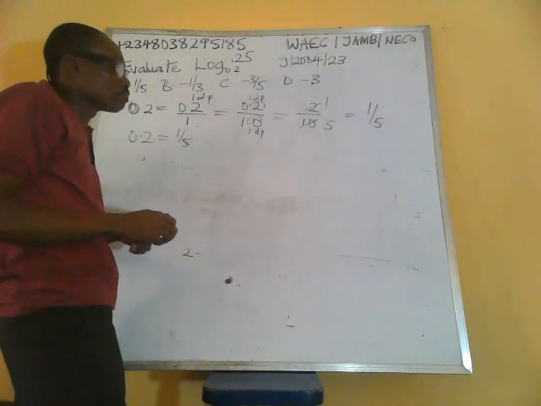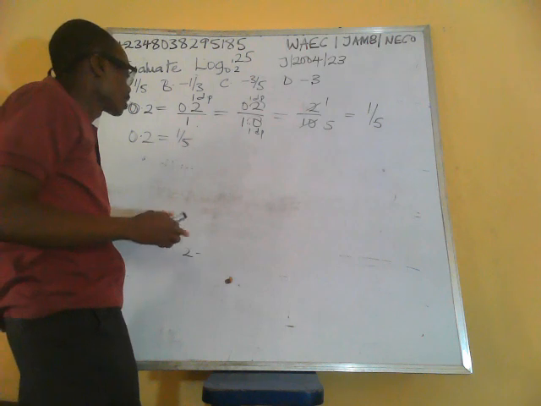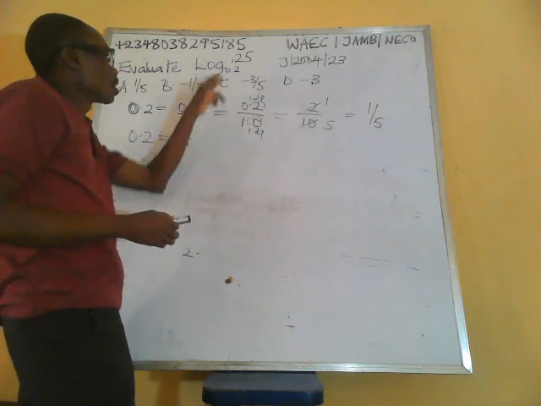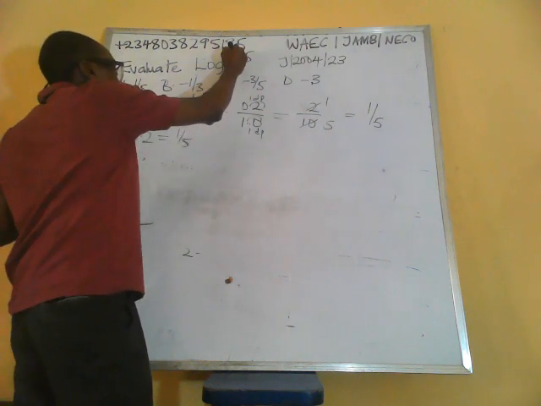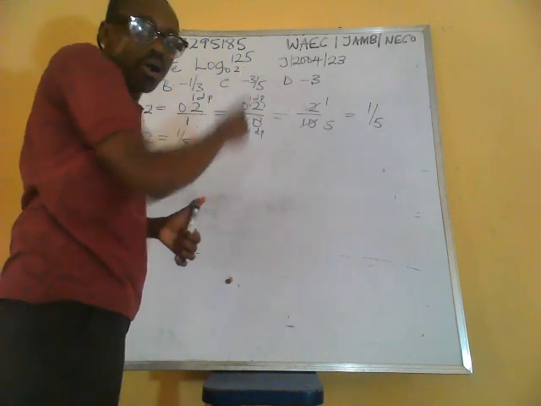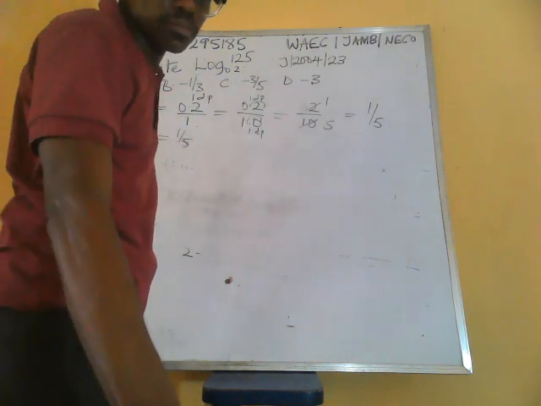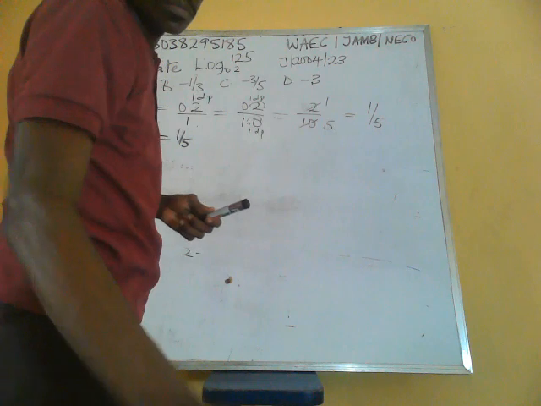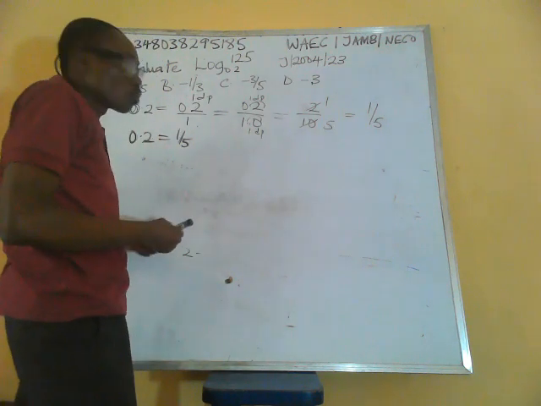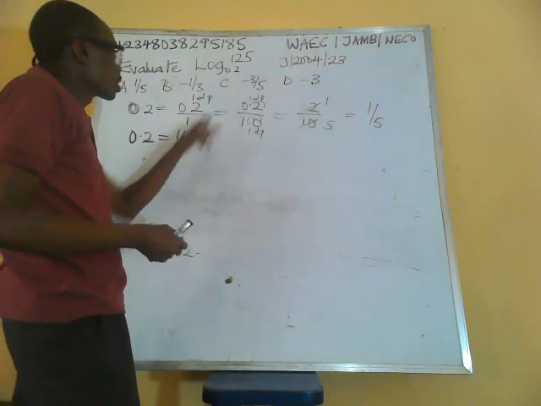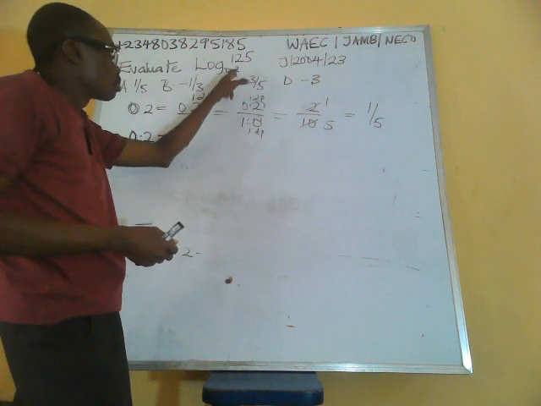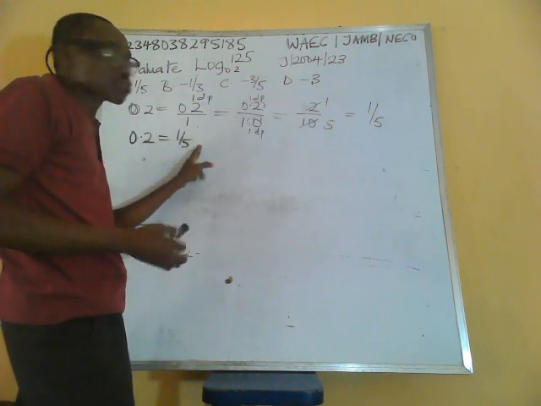Next, we go back to our original logarithm expression, and in place of 0.2 we put 1 over 5.